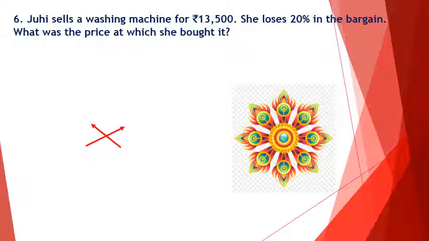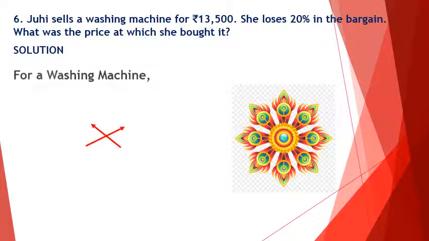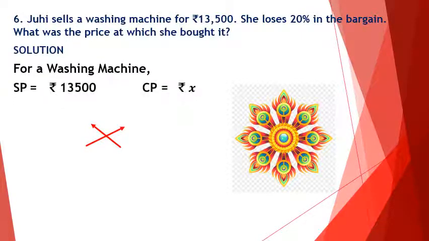So here it is given, Juhi sells a washing machine for rupees 13,500. That means for a washing machine, SP equal to rupees 13,500. And it is given we have lost 20% in the bargain. What was the price at which she bought?